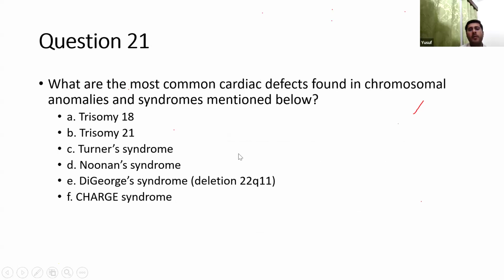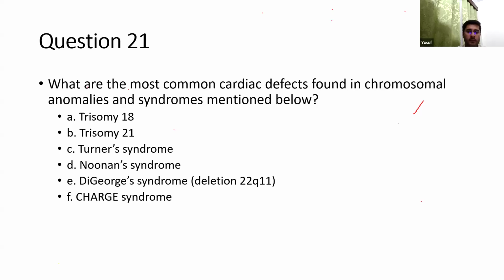Now you have to name the common cardiac defects associated with these genetic disorders. What is seen in case of trisomy 18? Commonest cardiac defect in trisomy 18. Okay, in 21, endocardial cushion defect.